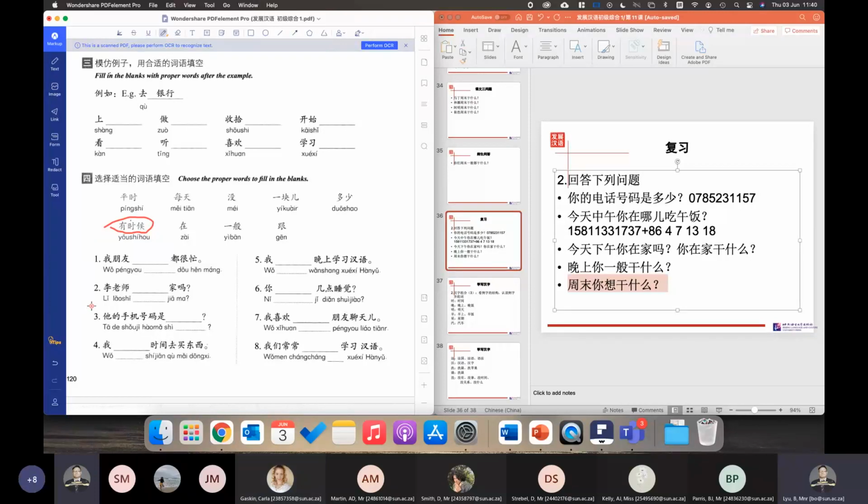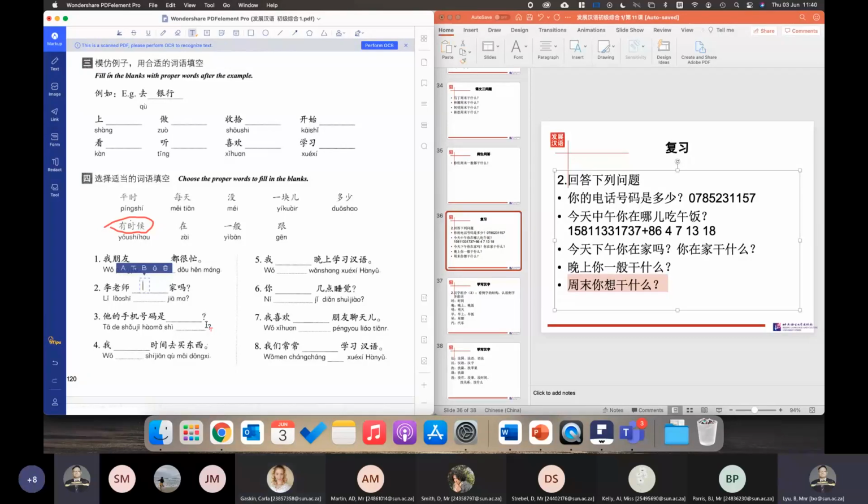Second, 李老师在家吗？ That means, is teacher Li at home?